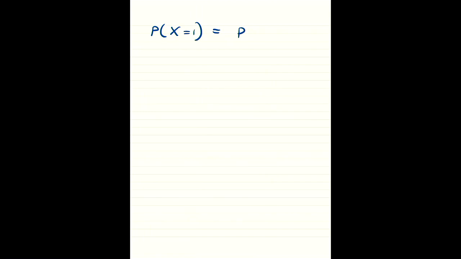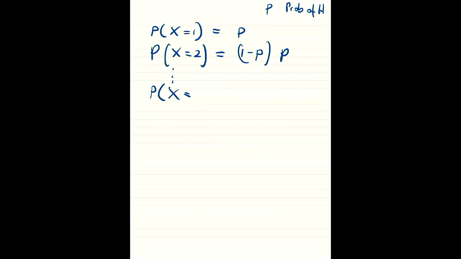So p is the probability of head. The probability that X is equal to 2, you need a failure in the first outcome and then a success in the second one. And of course, a natural pattern here is X is equal to n. You need to observe n minus 1 failures before, and a nice p at the end. And you keep going, of course.